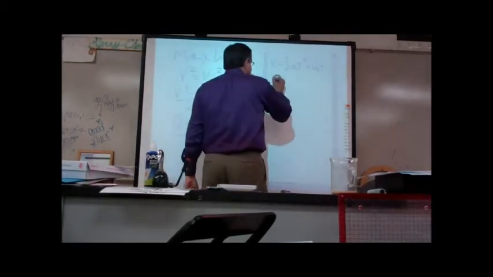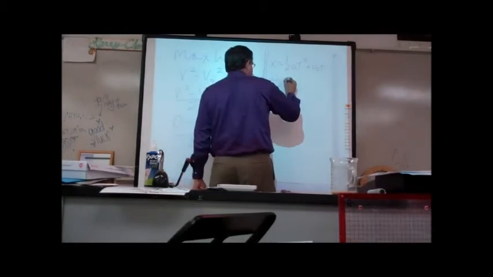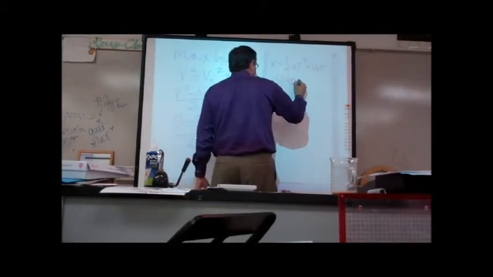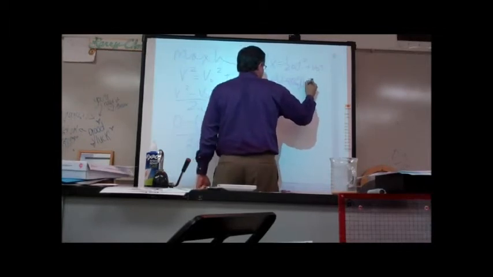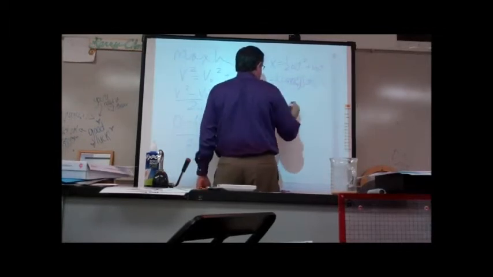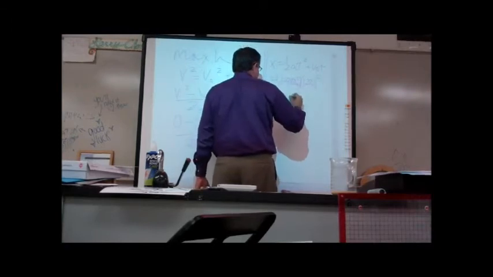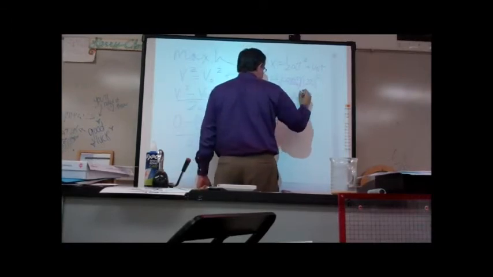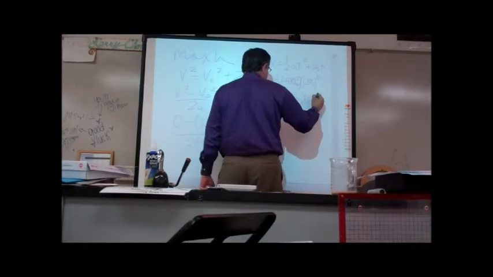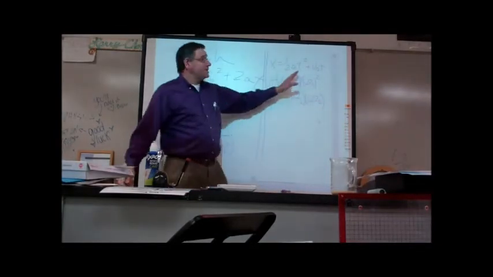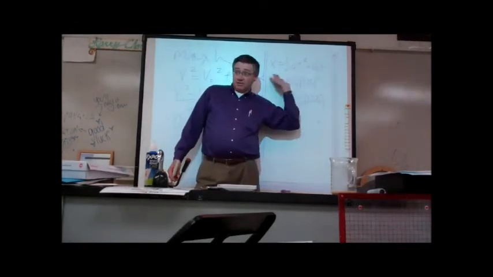Okay? So I can do this. I can go 1/2 times negative 9.8 meters per second squared times 1.22 seconds squared plus 12 meters per second times 1.22 seconds. So this we will use later on.